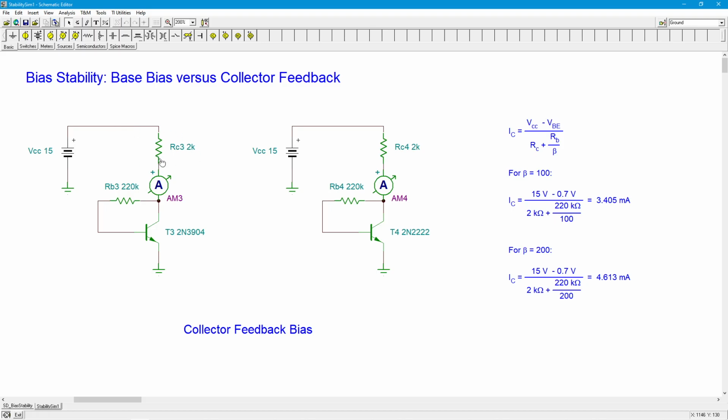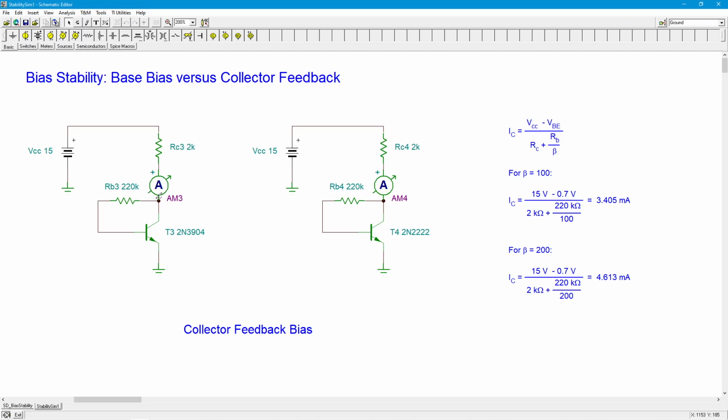As the collector current goes up, that means there would be a bigger voltage drop across RC. Now, the collector to emitter voltage is whatever the power supply is minus this resistor's voltage drop, right? Basic Ohm's law, KVL kind of expression. So as the current goes up, this drop goes up, which means that VCE has to go down.